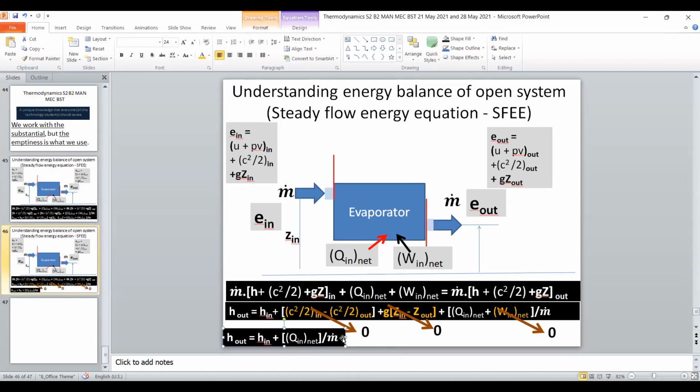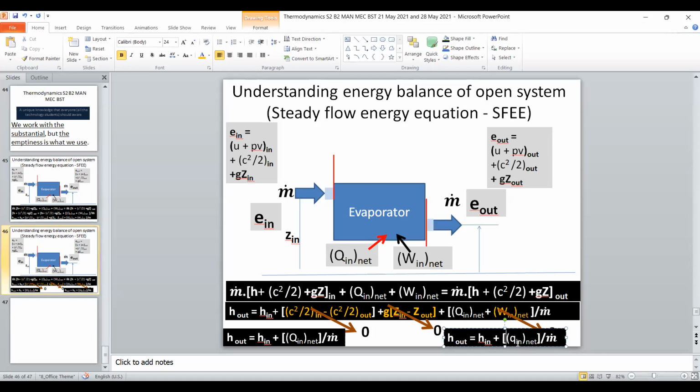So I will simplify this again in this way. So per unit mass, this is Q in.